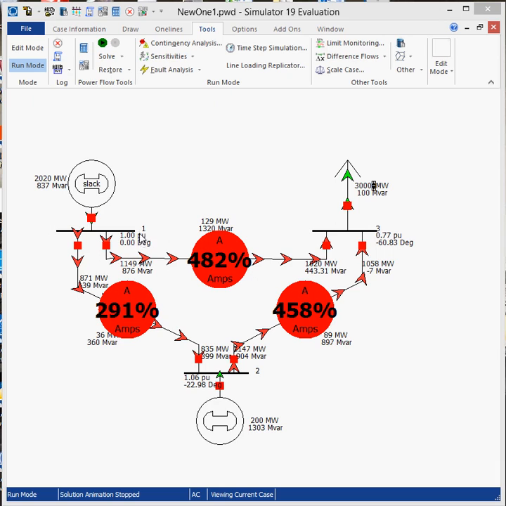So you need to overcome the overloading in your transmission line. You can plan for a new transmission line, which can be connected in parallel to the existing transmission line. So that's it, I think.